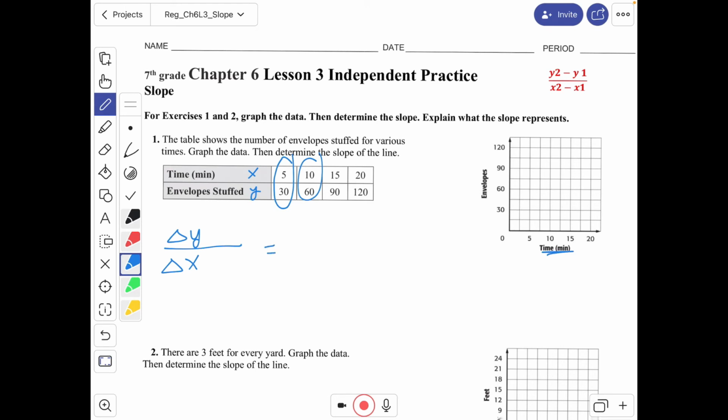So you're going to pick that, come up with a number, and then it's going to be that number, envelopes per minute. And yes, you have to write out the words because slope is a rate. So some number, envelopes per minute.